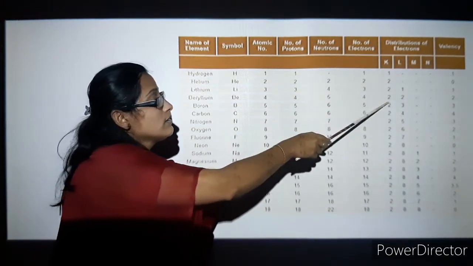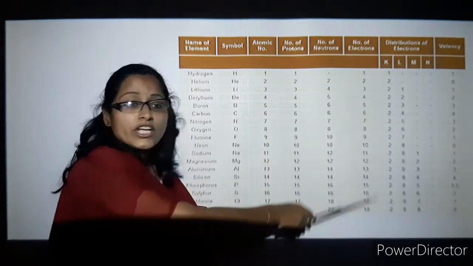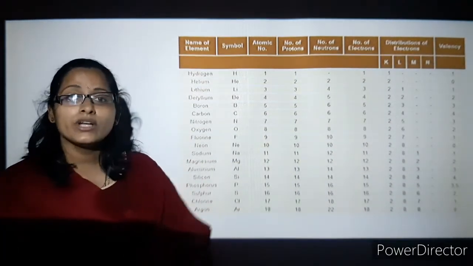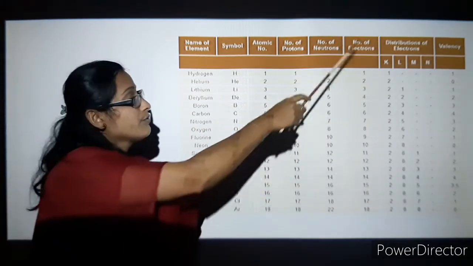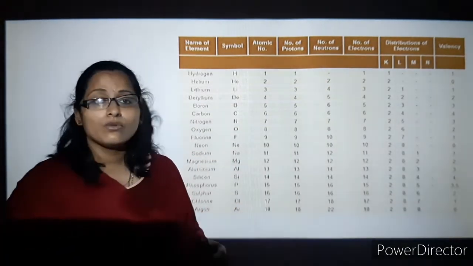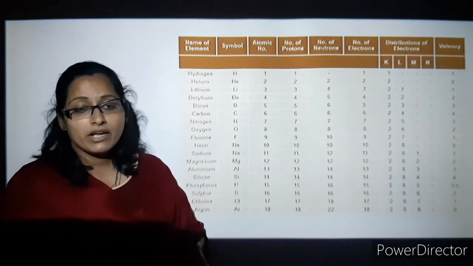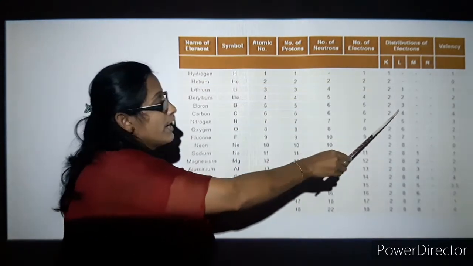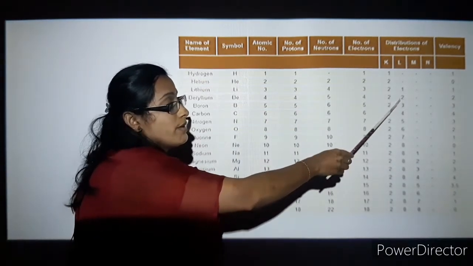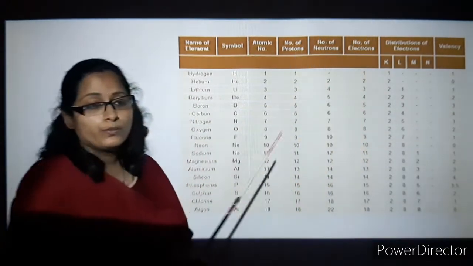And now you can see here K shell is only 2. So without any doubt close your eyes and draw 2 electrons for the first shell. The next shell onwards you can see whether it is octet or not, 8 or 6 or 5 or 4 etc. So you can see here that it's again 2. So 2 remains same, so your valency is also 2.